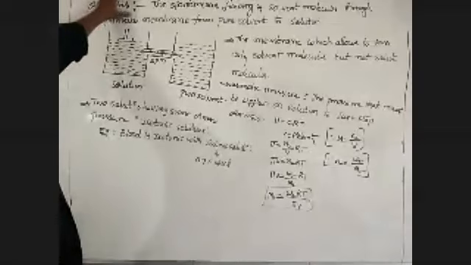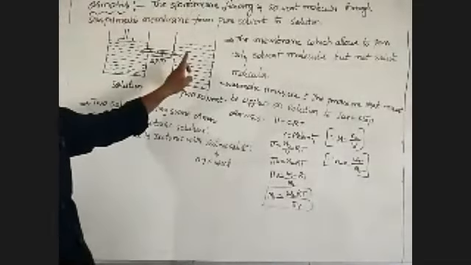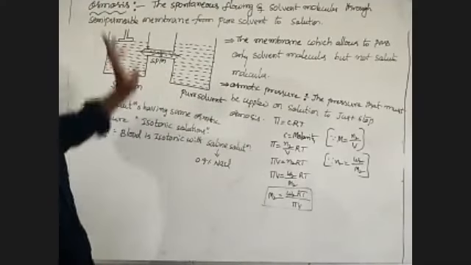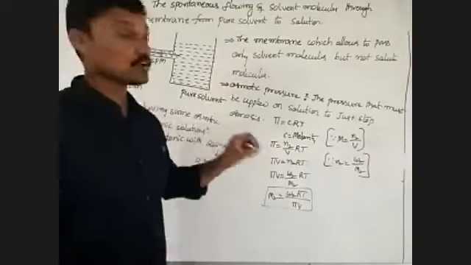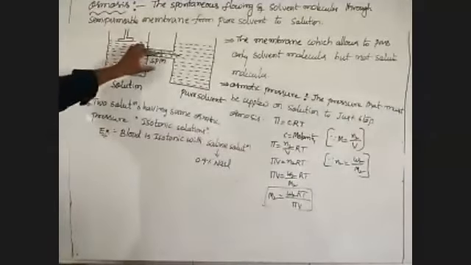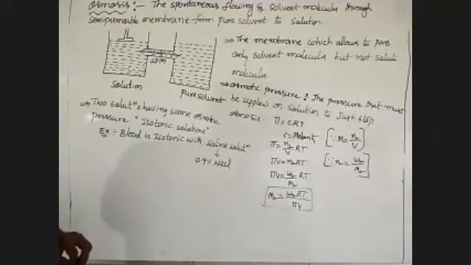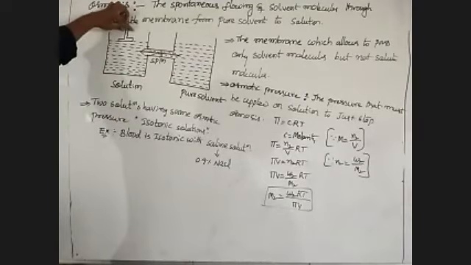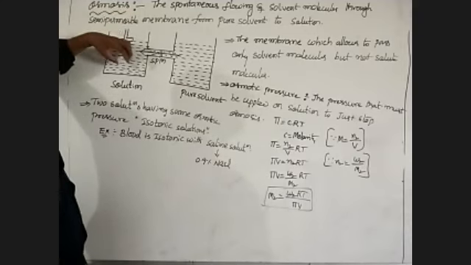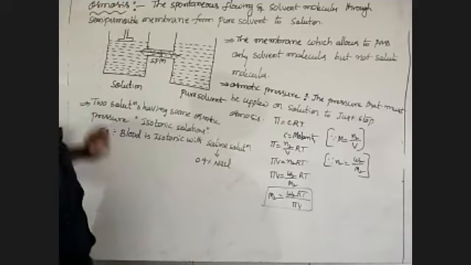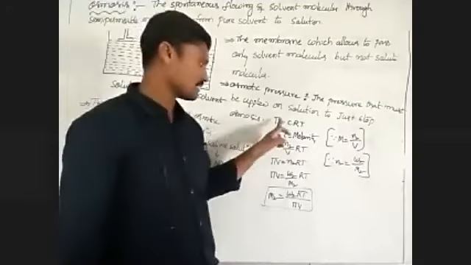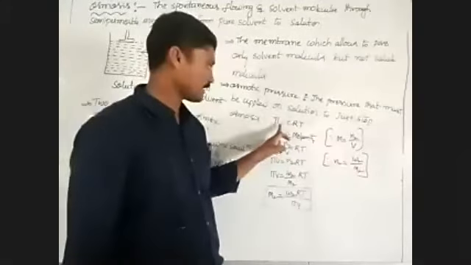Okay. Osmosis means the spontaneous flowing of solvent molecules from the pure solvent side to the solution side through a semi-permeable membrane. The membrane which allows only solvent molecules but not solute particles is called a semi-permeable membrane. The pressure that must be applied on the solution side to stop the osmosis is called osmotic pressure. Osmotic pressure is directly proportional to concentration, that means phi is equal to CRT.